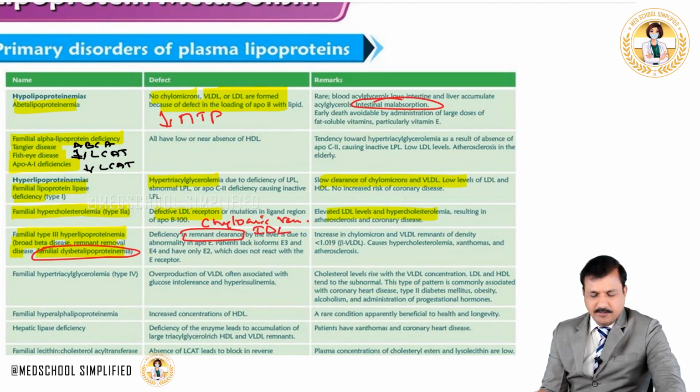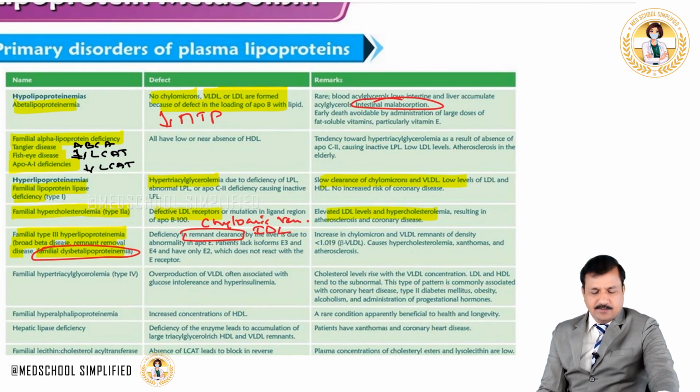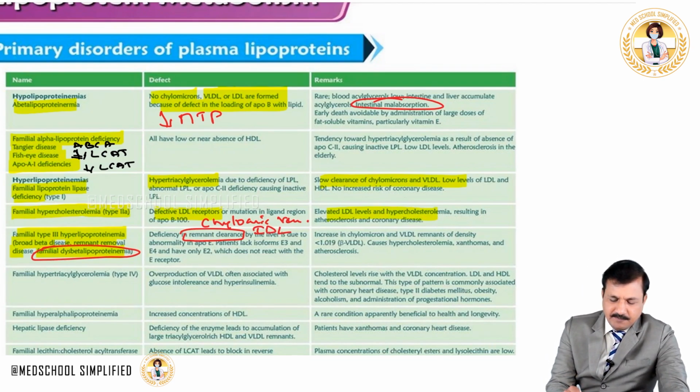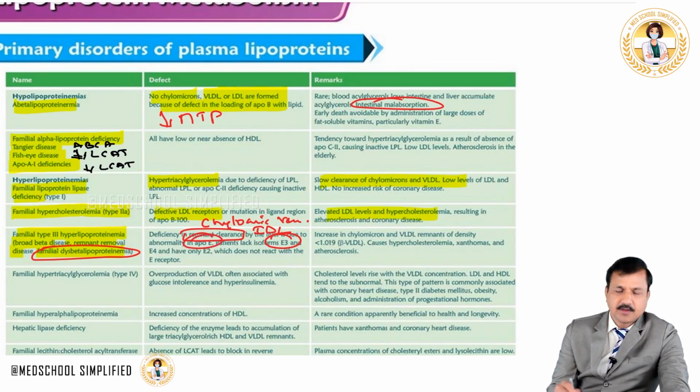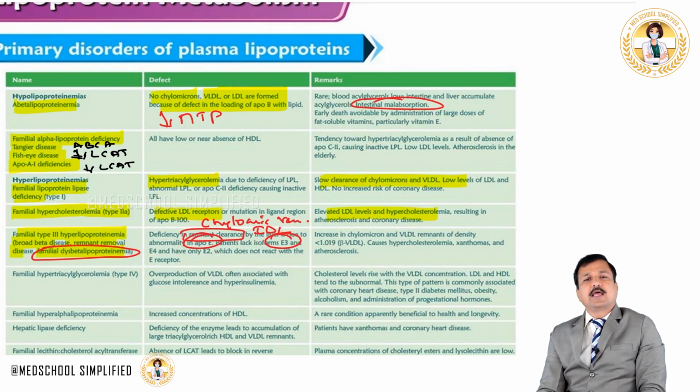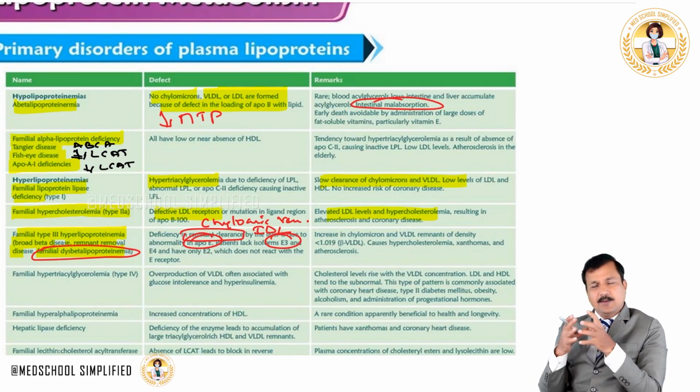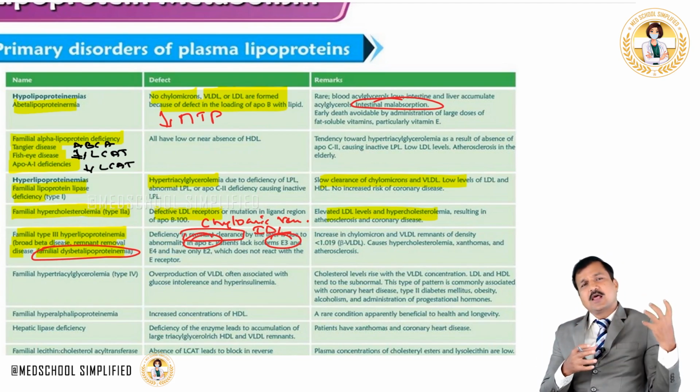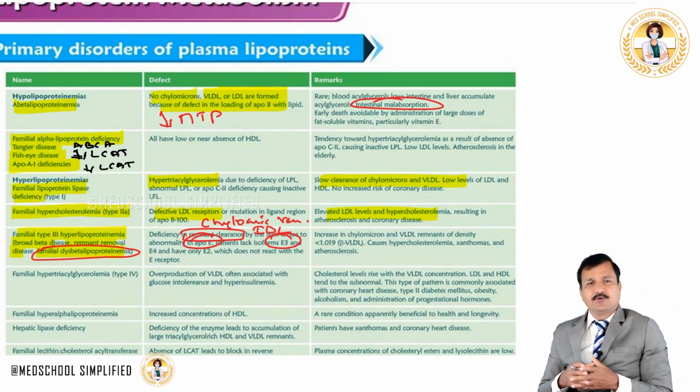The defect here will be in Apo E. Apo E is the one that is recognized by the LRP1 receptor, that is LDL receptor like protein 1. It is referred to as a remnant receptor, and Apo E present over chylomicron remnants and IDL is recognized and taken up by the liver.